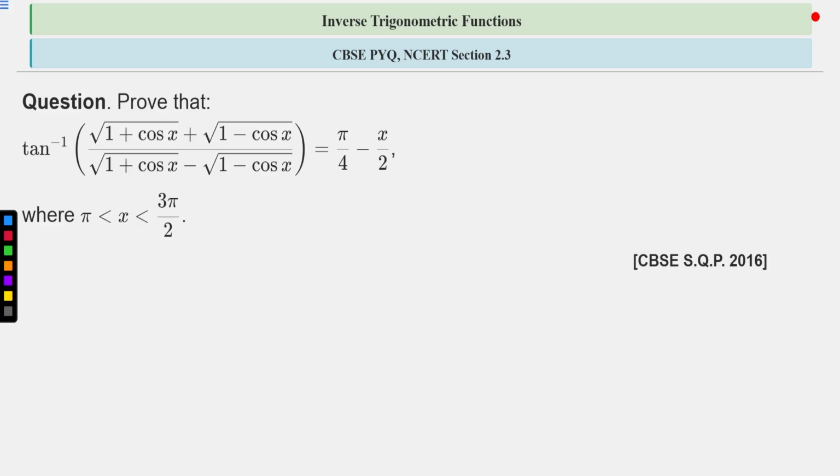After putting the values and simplifying, you will get the expression in the form of tan inverse tan theta, right? Since x is between pi to 3 pi by 2, you will write tan inverse tan theta according to the formula. In this way, you will definitely reach the answer on the right hand side. I'm giving you 10 seconds to solve or think about this question. After that, we will move to the solution part.